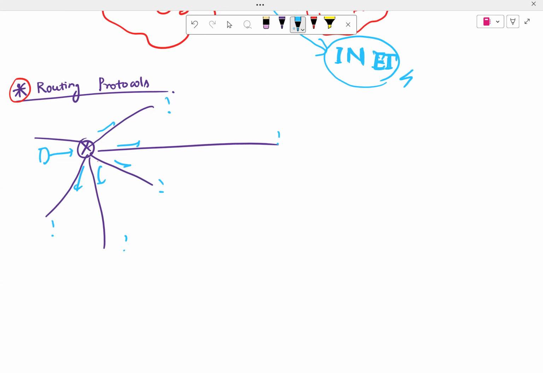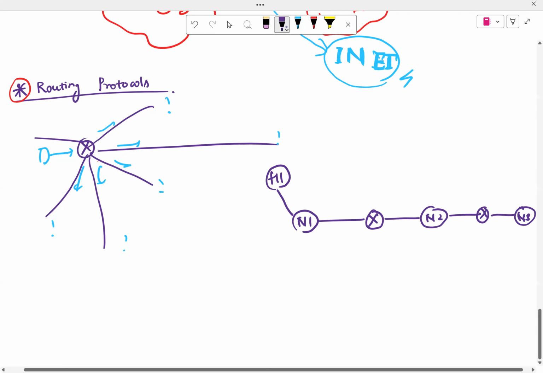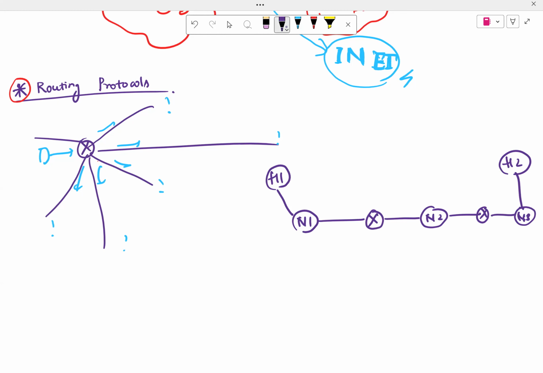So if there is a network like this: there's host one, and there's network one, and there's a router, there is network two, there is another router, there is network three, and there is host two. This packet is coming from this to this.